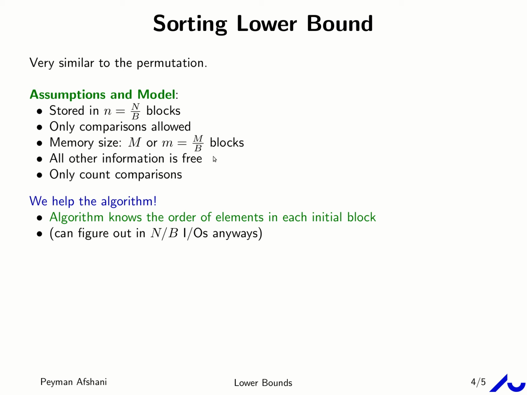This might seem like a big help, but it's not too much of a big help, because the algorithm could have figured this out by doing n over b IOs anyways. It could read blocks one by one, and since comparing the elements inside the main memory is for free, it could compare the elements of a block inside the main memory for free and then write them back to the disk. So this does not change the problem much, but it makes the proof a bit simpler.